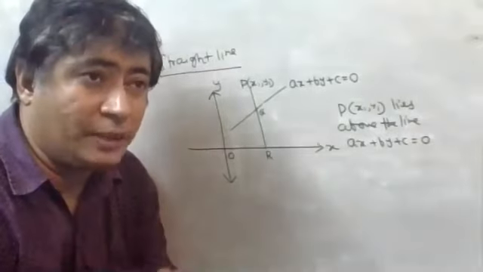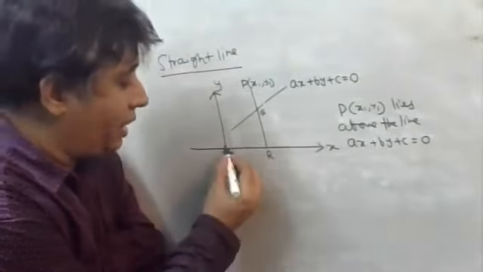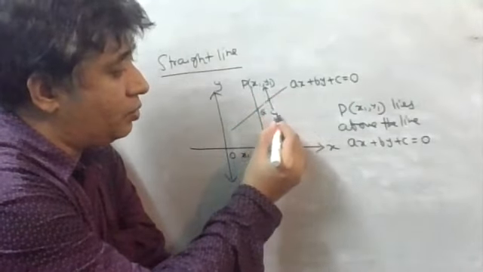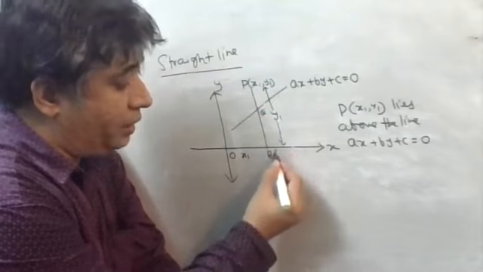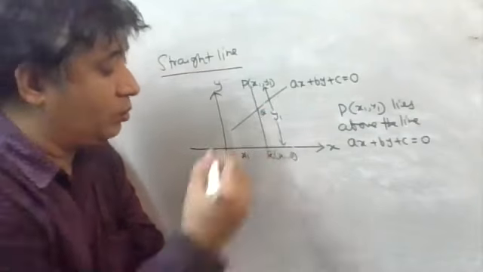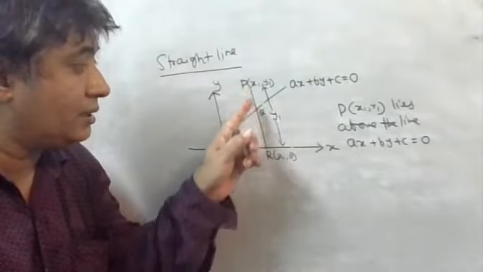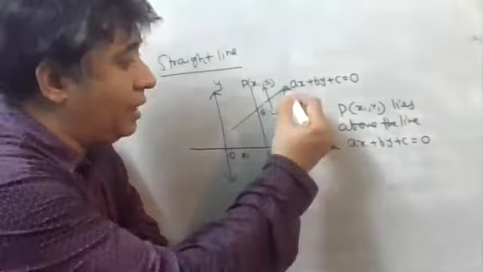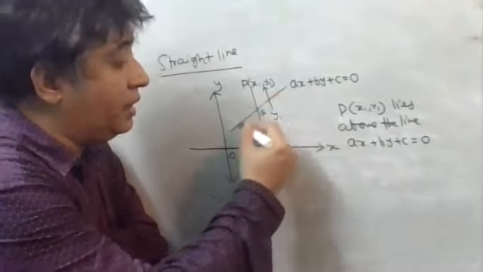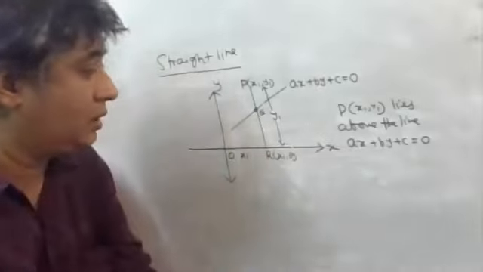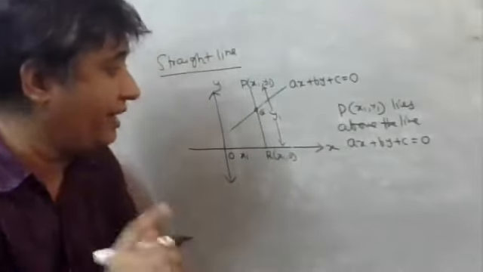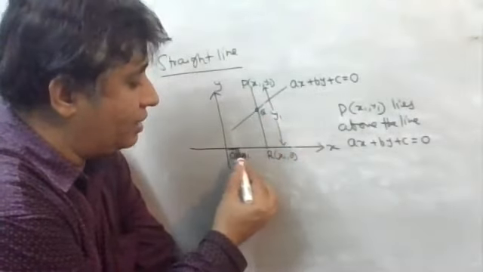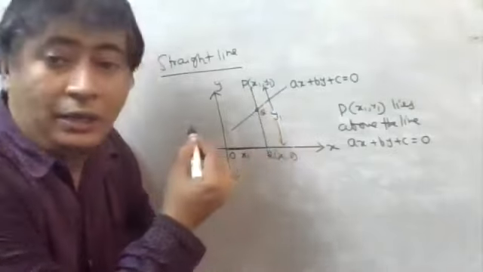So by the basic concept of coordinate geometry, I can say this is the x component, this part is the y component of that point, this point is x1, 0. Now this line which I dropped from P meets the given line at Q. And it has to be noticed that the x components of P, Q and R are the same, because they lie on the same line.